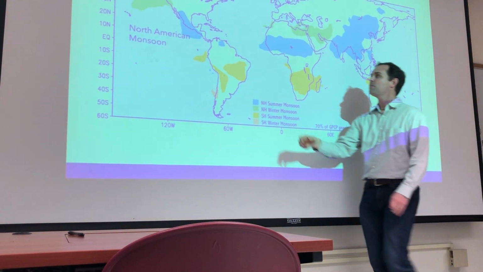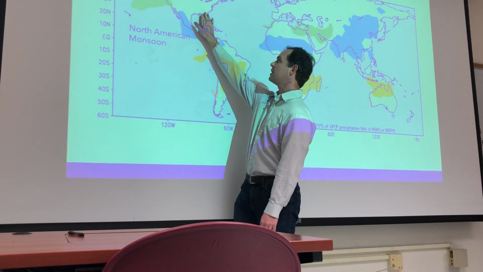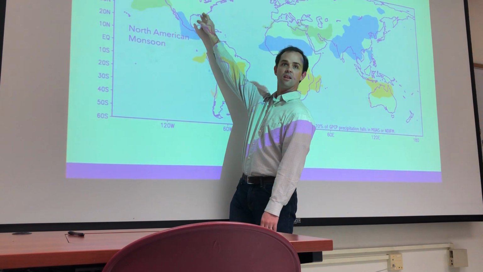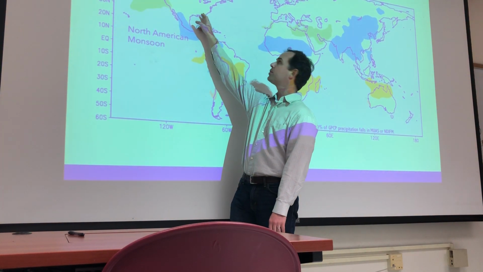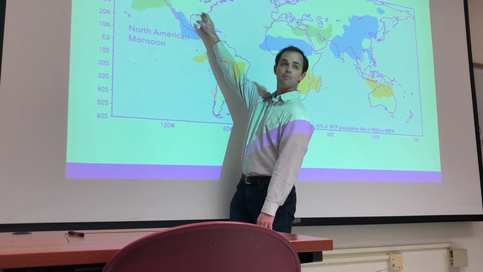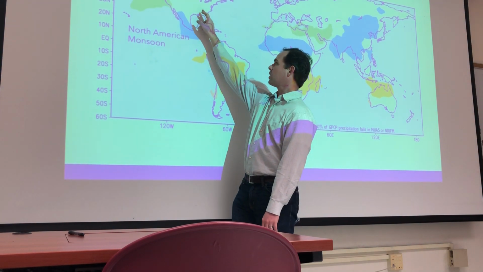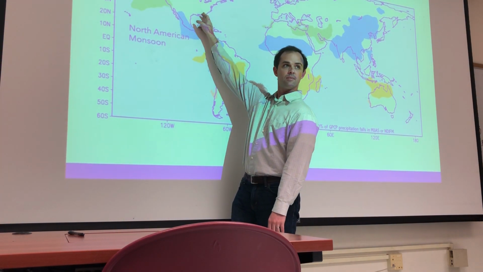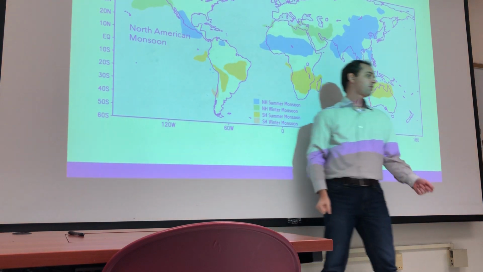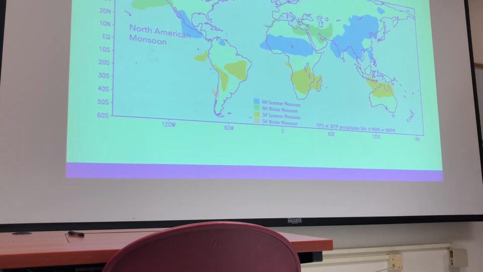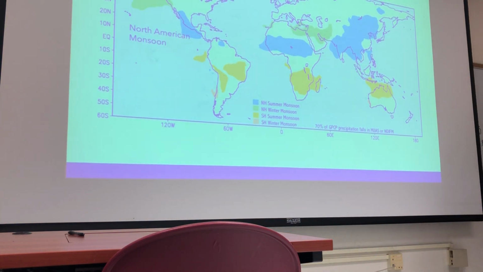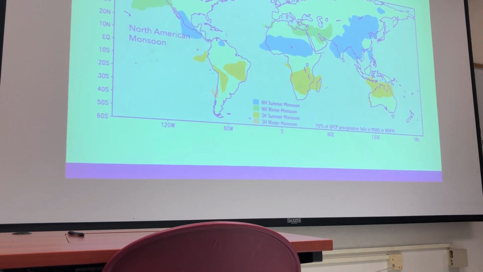The same types of patterns happen here in the southeast. We get heating of the land in the southeast US, particularly in summertime, and we get more rain in summertime, driven by the same thermally direct circulation, but for other reasons we still get rain in the wintertime, and so it's not really considered a monsoon circulation.